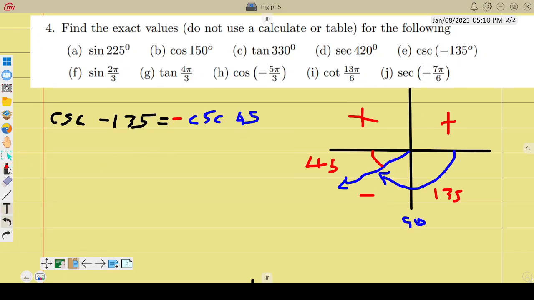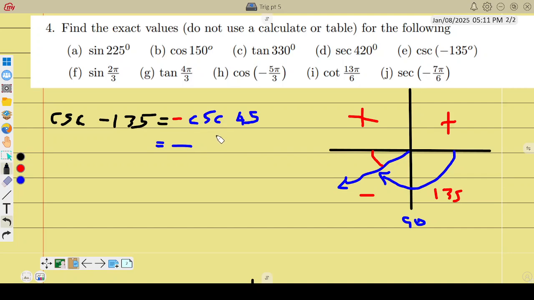There is no direct method we can deduce to find cosec 45, so we have to simplify it to something we're familiar with. We're familiar with the relative for cosec. So we're going to have negative. What is cosec relative to?